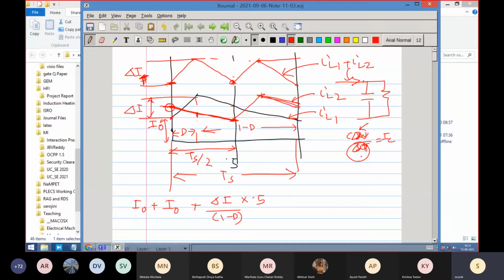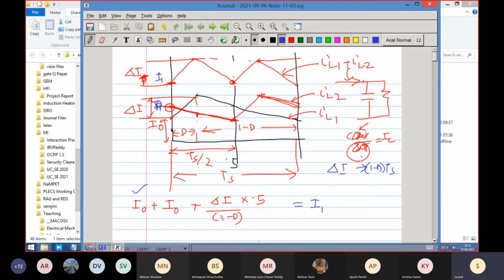Let us call this current I1. So what is I1? I1 is due to the black current, delta I naught, and due to the red current it is I naught plus the fall slope. How much is the fall slope? It is falling delta I in time 1 minus D Ts.